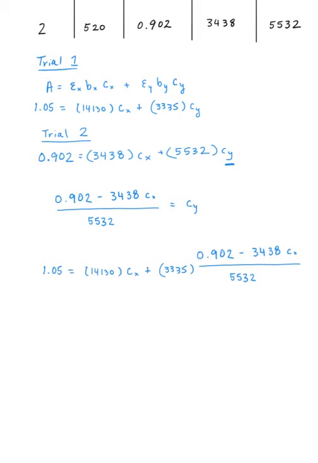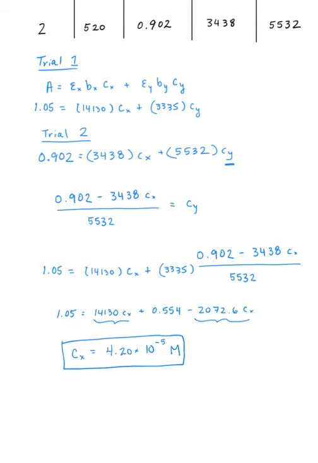Now, we have just one equation with one unknown. It simplifies to something that looks like this. From here, we can solve directly for CX just by combining like terms on opposite sides of our equal sign. Eventually, we come up with the concentration of X being equal to 4.20 times 10 to the minus 5 molar.